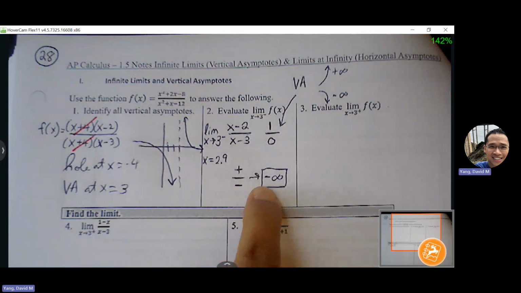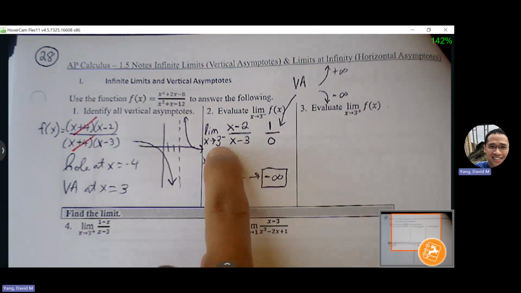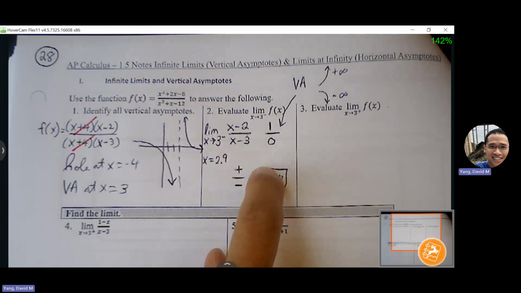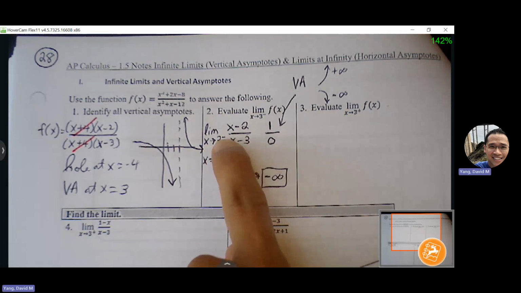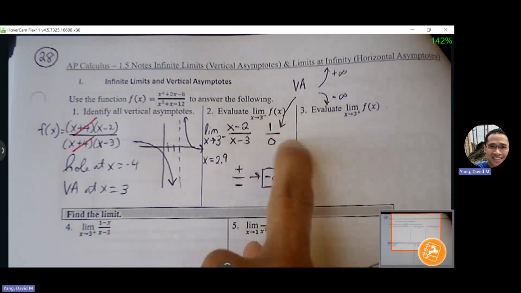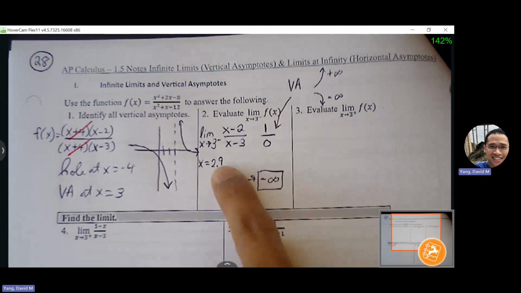Now, here's the danger. The danger is that sometimes a problem can disguise itself as a vertical asymptote without it being one. And just because you see a one-sided limit, it doesn't mean that, oh, there must be a vertical asymptote, I'm going to be testing decimals. Always do direct substitution first. Convince yourself that there's a vertical asymptote before you look at decimals. So I think that's the danger.